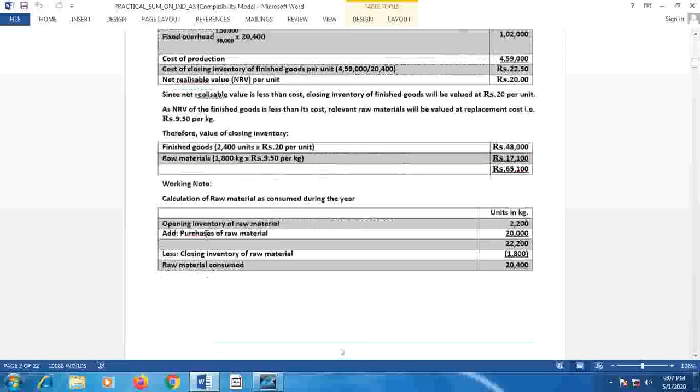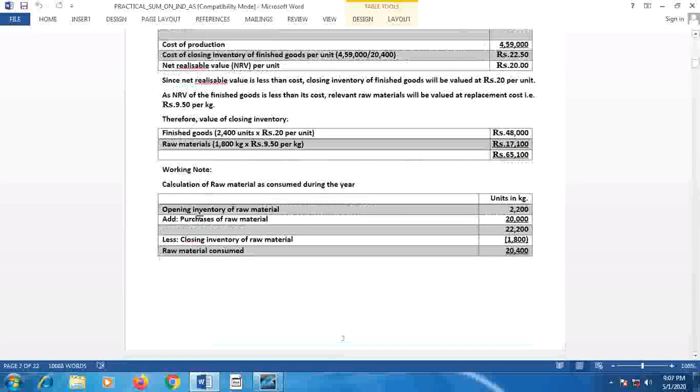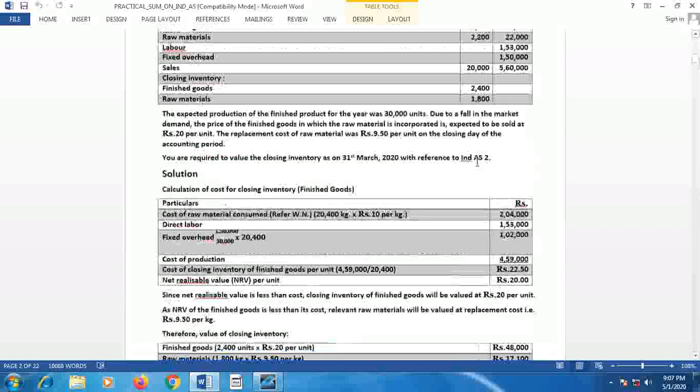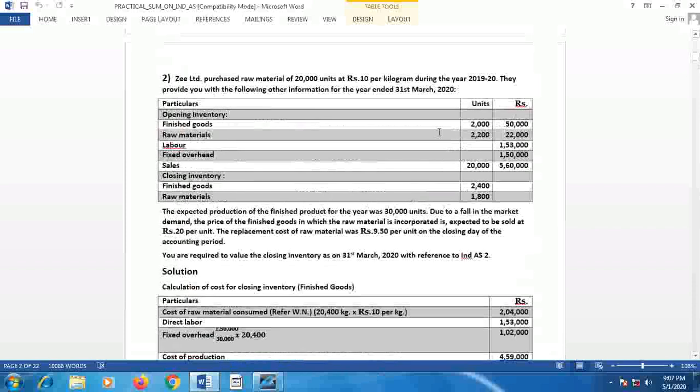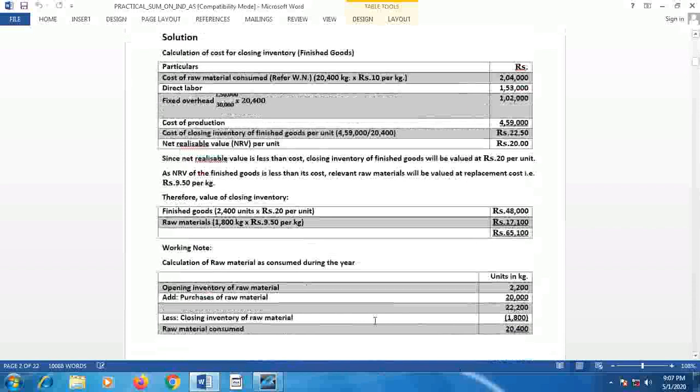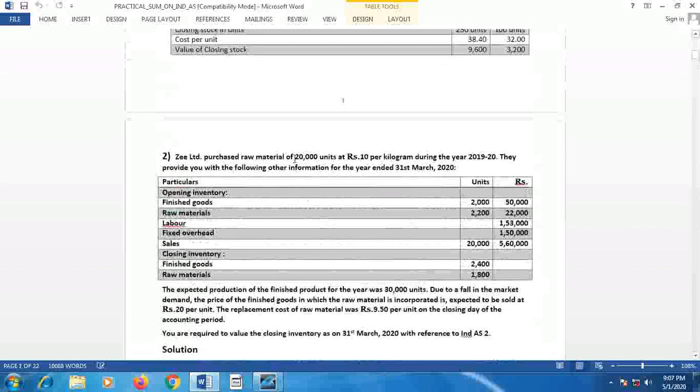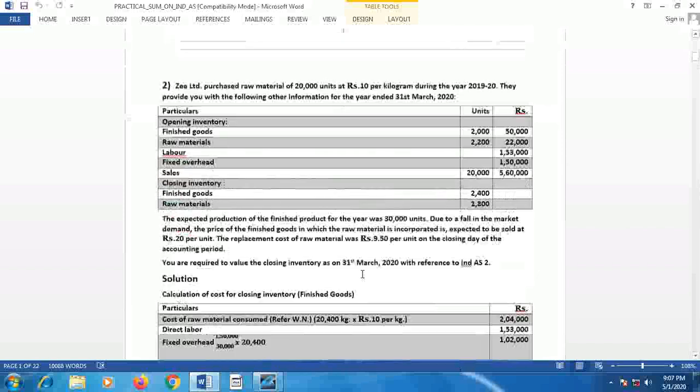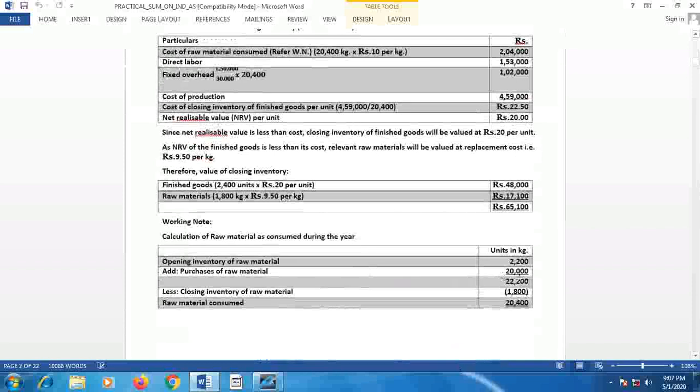For that, the working note here explains how the raw material consumed is valued. Opening inventory of raw material given in the problem is 2,200 units, and there is purchase of raw material consisting of 20,000 units at 10 rupees per unit. So 20,000 units purchased, that is added.